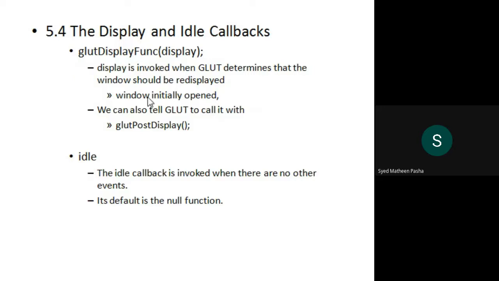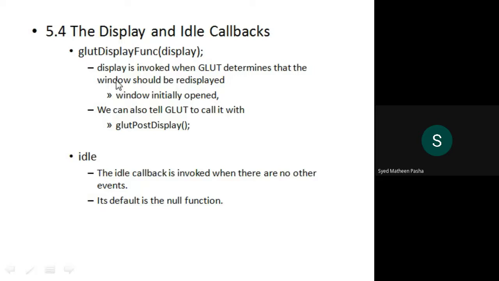Then we have the display as well as idle callbacks. That is the display function. What happens in the display function is that it is invoked when the glut library determines that the window should be redisplayed. That is, you are just invoking this display function whenever a window should be reshaped.